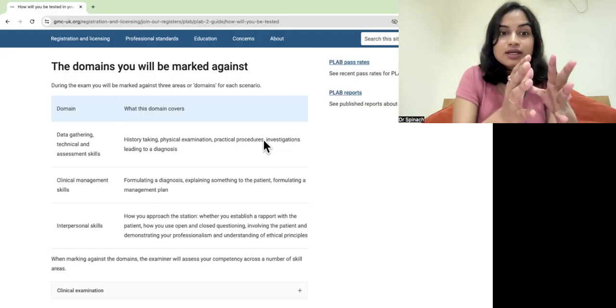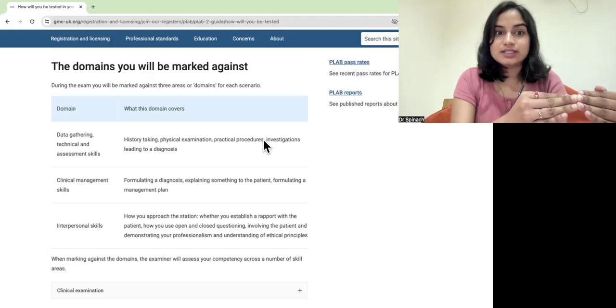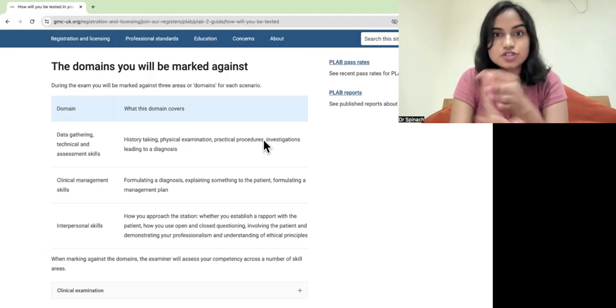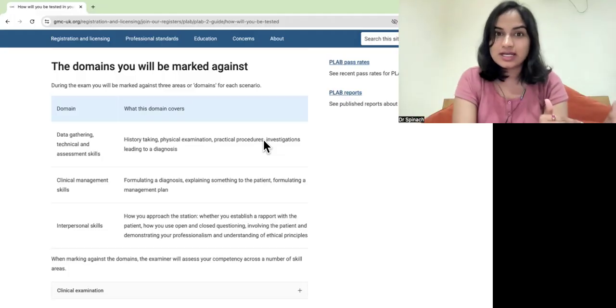So everything you do before the diagnosis comes under data gathering: you take the history, do the physical examination or practical procedures, and do the investigations.